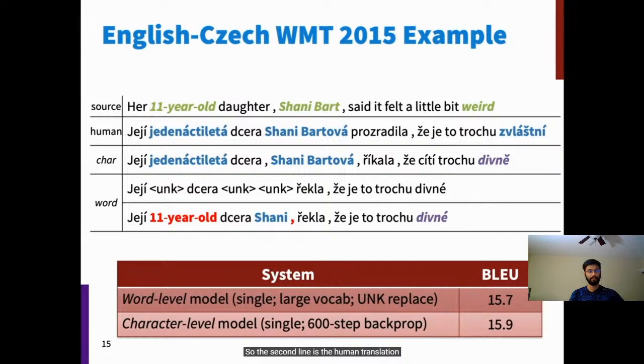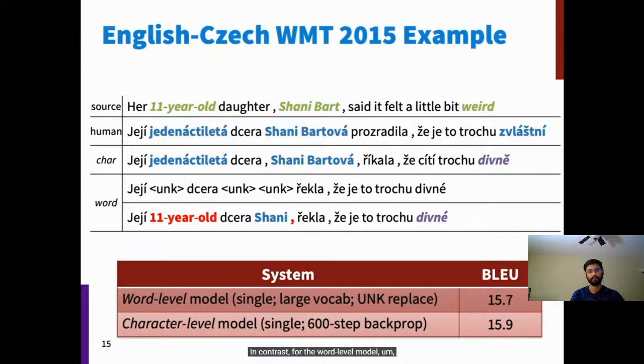The second line is the human translation into Czech, which we can use for guidance. In Czech, there's a word for 11 years old, which you can see as that blue word on the second line. For 11-year-old, it's just able to perfectly produce letter by letter the Czech word for 11 years old, and that works beautifully.